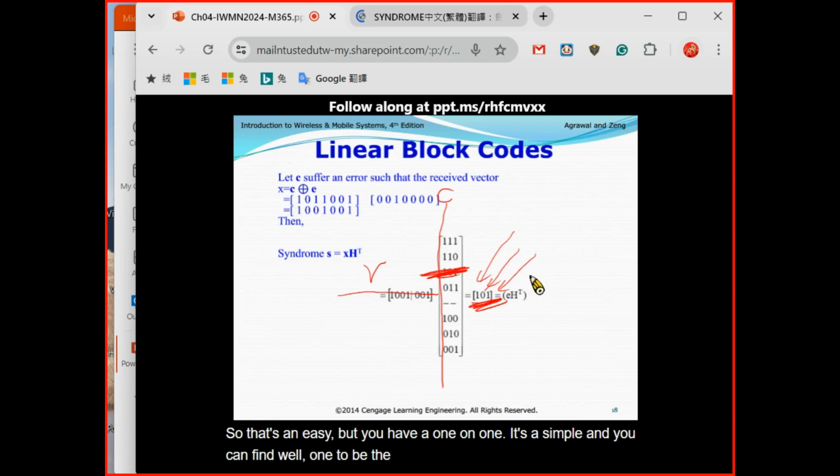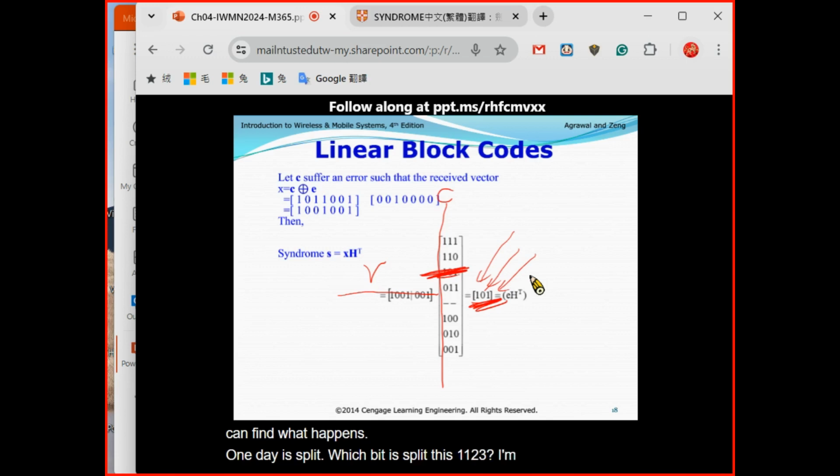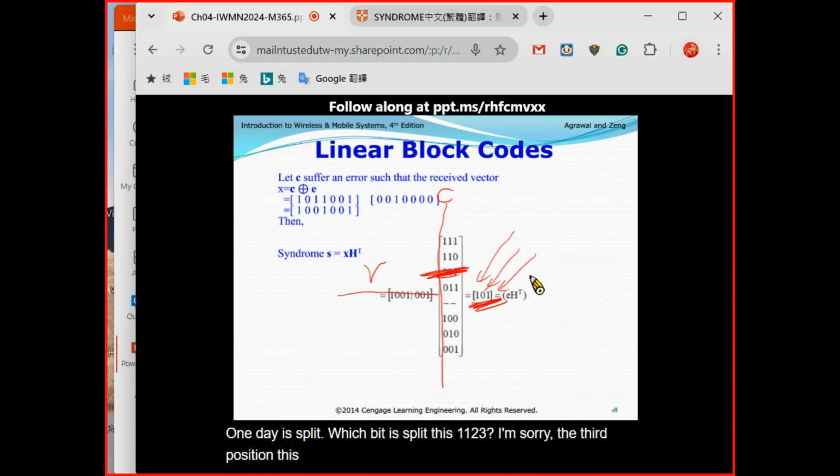The third vector says you can find what happens. One bit is flipped. Which bit is flipped? This one, 1, 2, 3. Oh, sorry. The third position is flipped. So if you know this one, you can change it back to 1, and that's done. Therefore, just a single error.